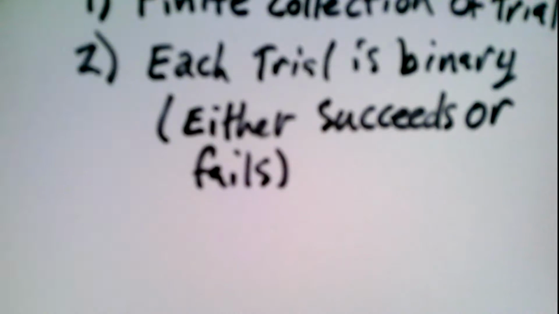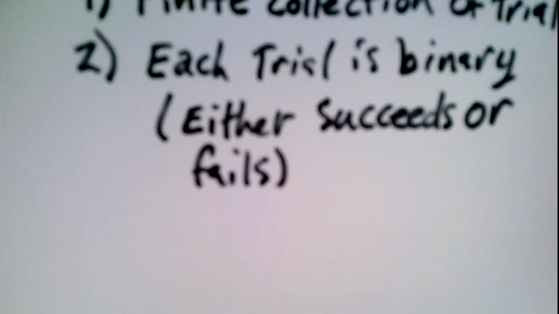And succeed or fail is not necessarily succeed or fail in the English sense. We just have to assign one side as success and the other side as failure to determine these are the two outcomes that are possible.